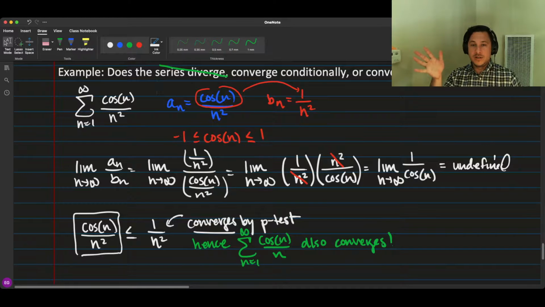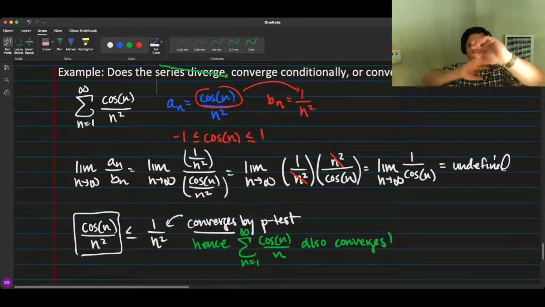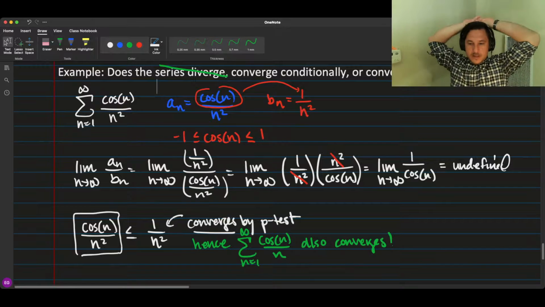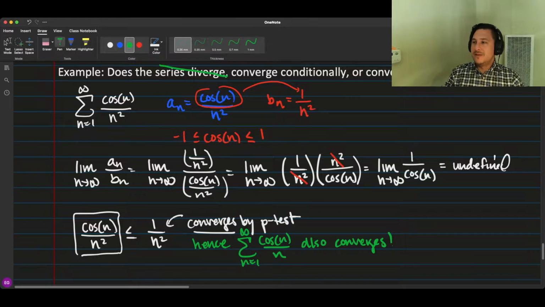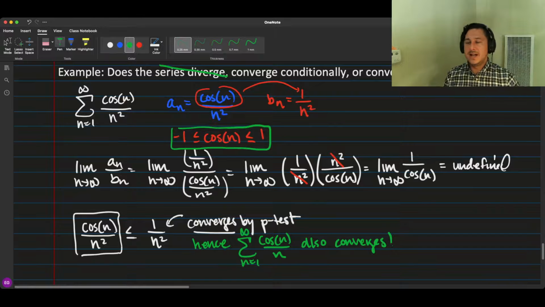We know it converges, but we've complicated things by saying that there are two types of convergence now: conditionally convergent and absolutely convergent. What made me think of that was what I had said up here. We actually know that cosine n is always less than 1, so we get to this step really quickly, because it's less than it, and the bigger one converges.